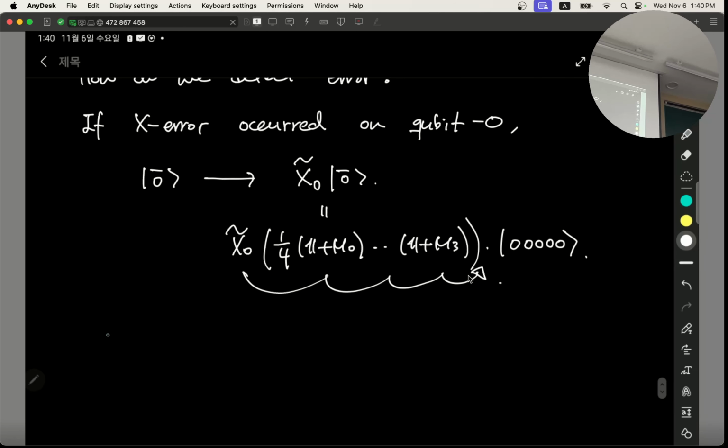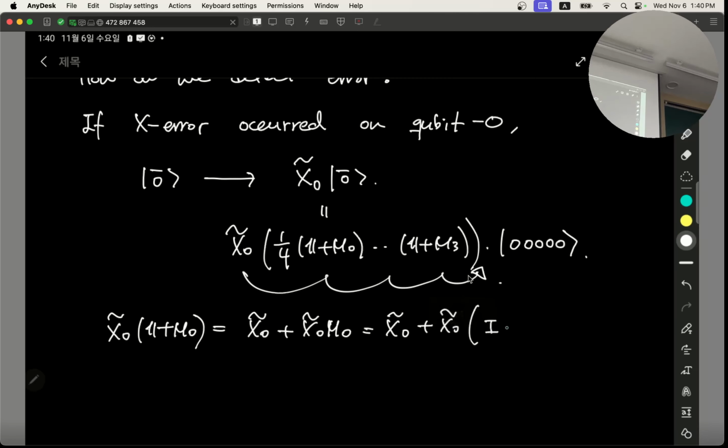So let's see what happens when I switch the order of X0 and M0. Of course, it's X0 and X0, M0. And I know that M0 is X set here, right? So these 4 qubits are not affected by the error that occurred at qubit 0. So this only goes to the qubit 0 Z gate here.